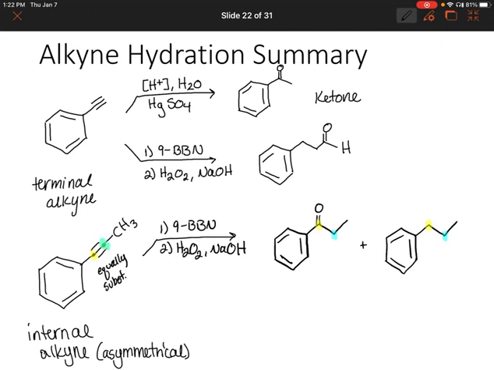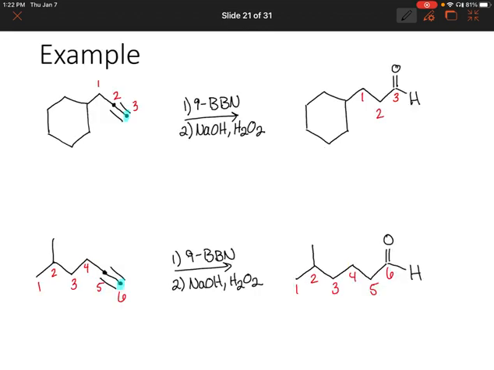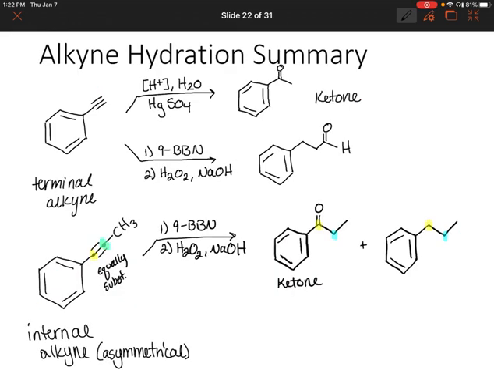It's a ketone. Okay, so far we've only looked at examples where we produce an aldehyde because we were only using terminal alkynes. But if we use an internal alkyne and use hydroboration oxidation, we actually get ketones. So, just something to keep in mind.